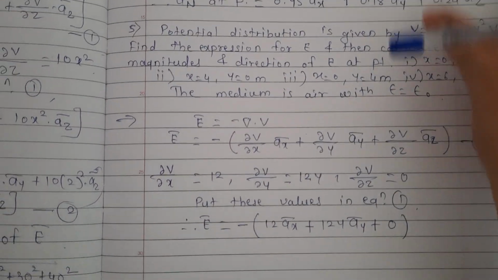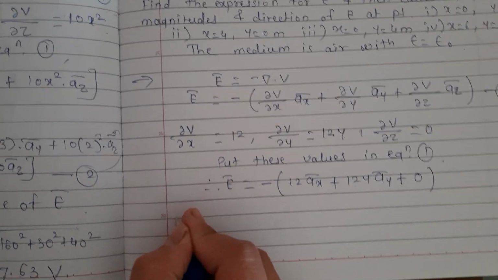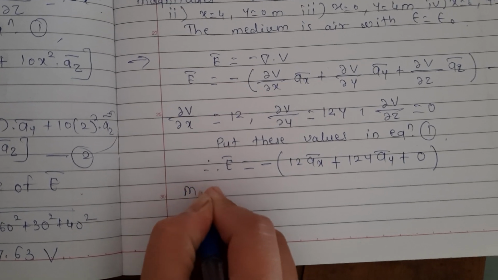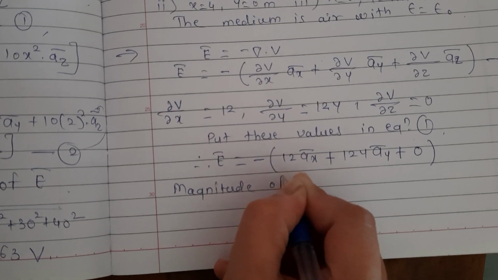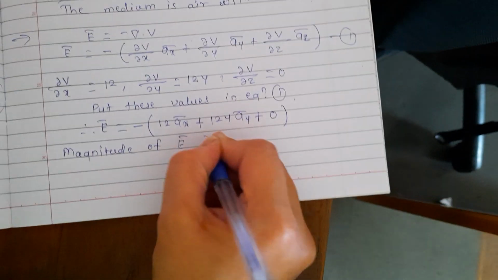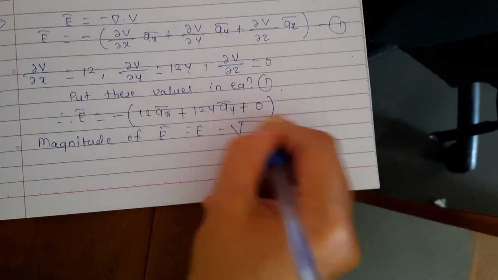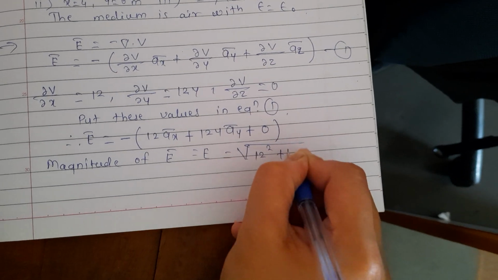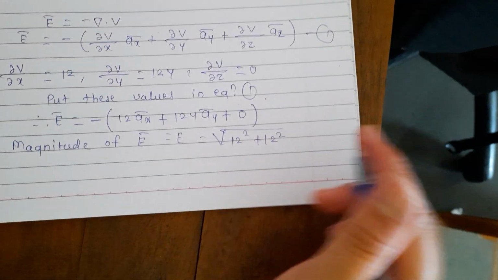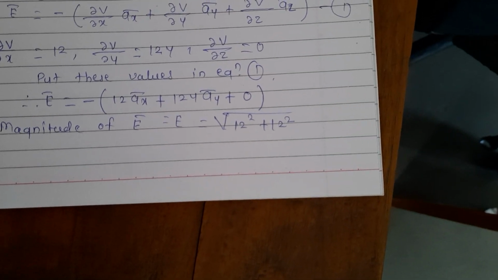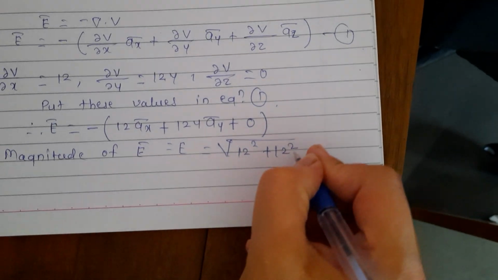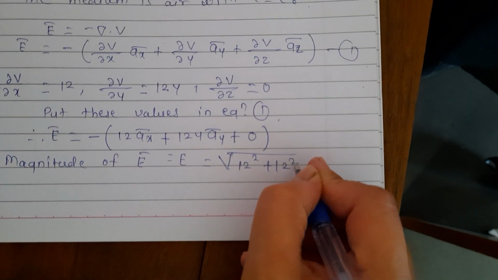Now we have to find the magnitude of E bar. We can find the magnitude of E bar as square root of 12 square plus 12 y square.